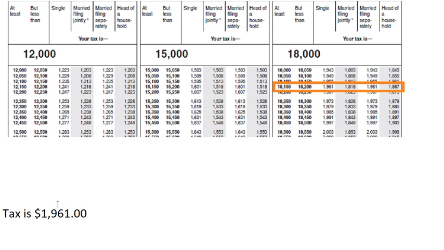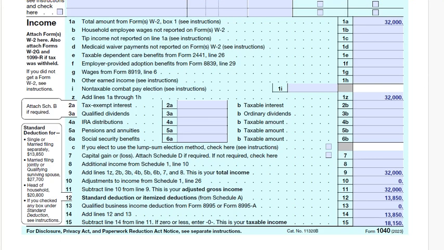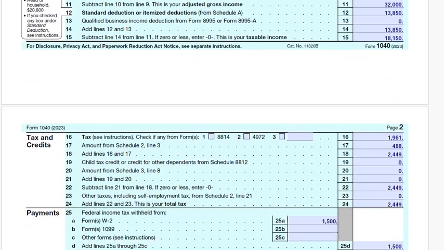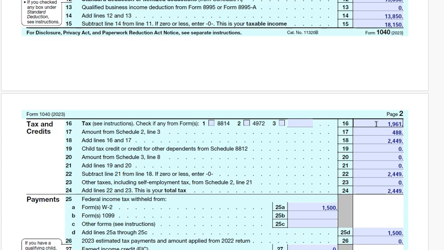Now we'll go back to Form 1040. So line 16, this is the tax. So it's 1,961. And then line 17 says Schedule 2 line 3, and this is where we would fill out the information from the Form 1095-A, which is for the health insurance.